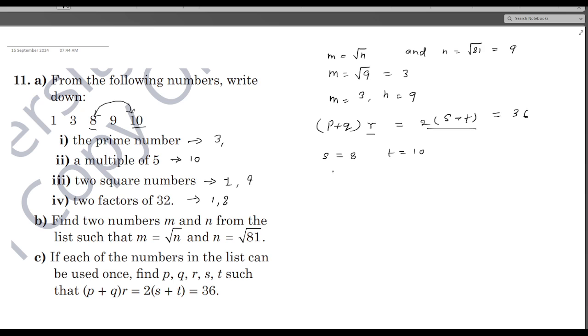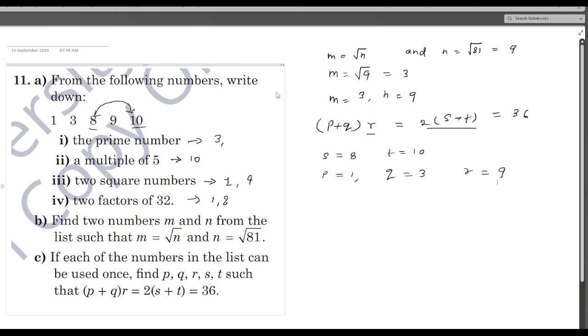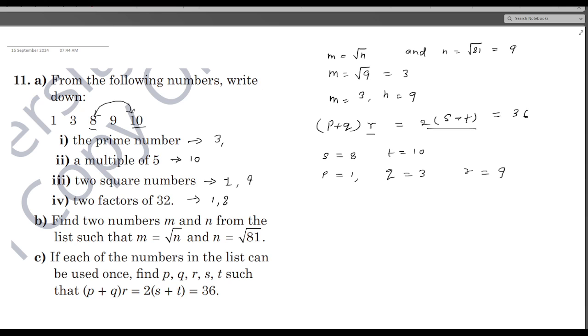So here your p will be 1, your q will be 3 and your r will be 9. Okay, so this is your C part. Your p we can consider 1, q as 3, r as 9. Now p and q you can interchange, you can consider p as 3 or q as 1. And s 8, t 10.